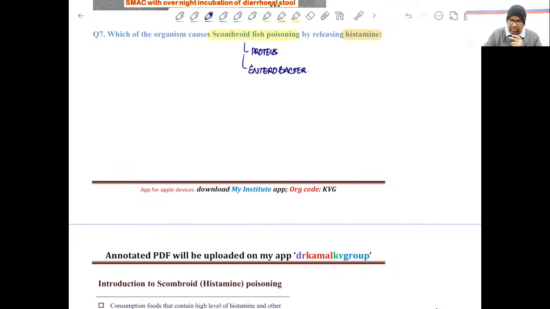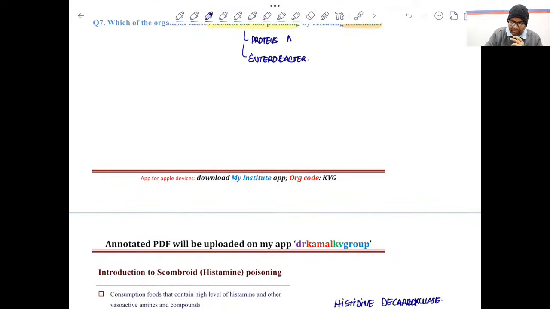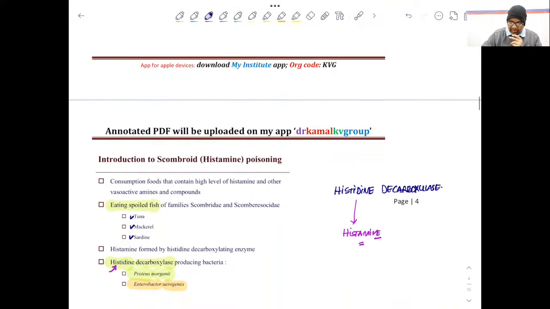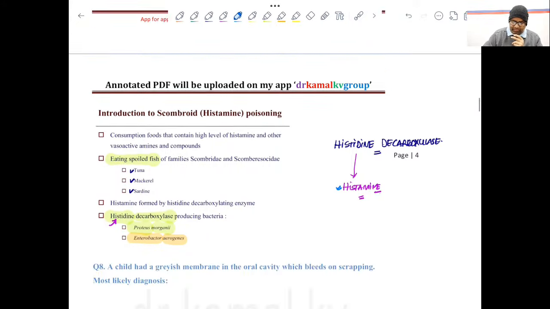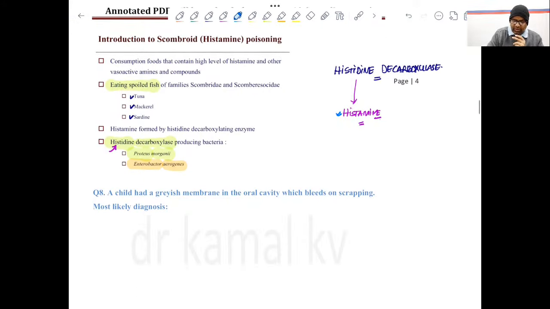Especially these two bacteria you have to remember, and they act by releasing histidine decarboxylase enzyme, which is needed for production of histamine. So this is how this question has to be summarized. Clear?